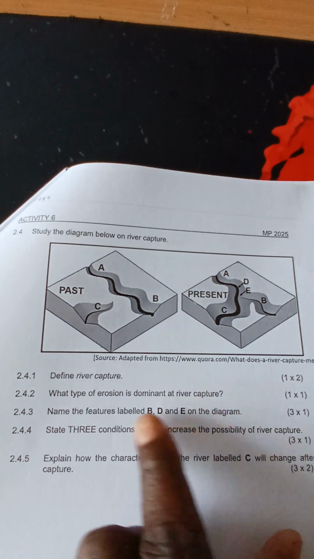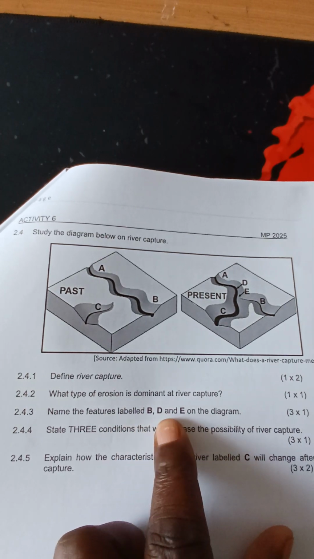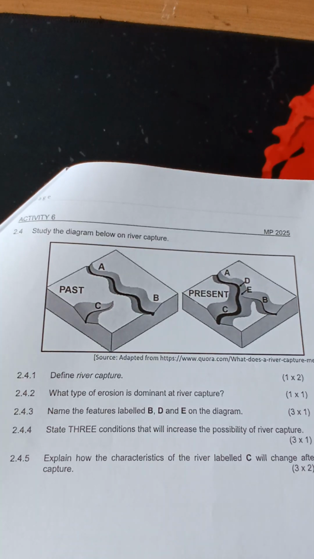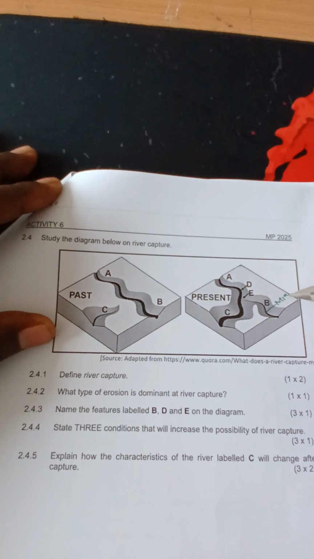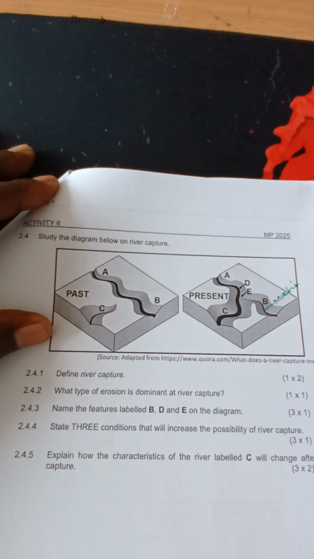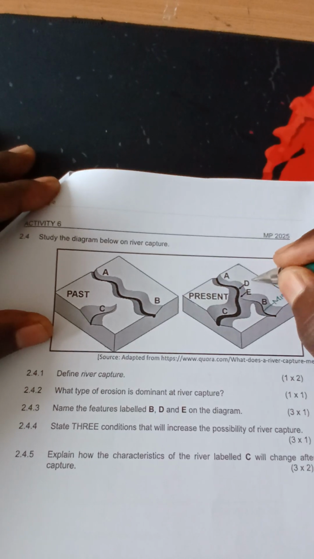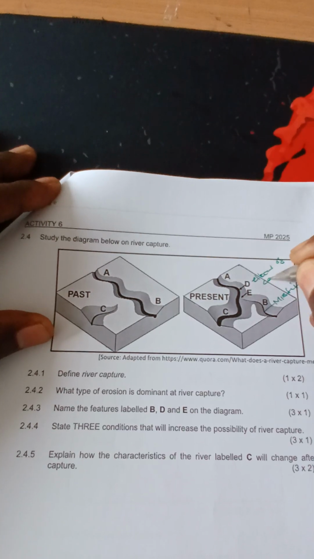Name the places labeled A, B, D, and E. Our B is a misfit. Our D is the elbow of capture.